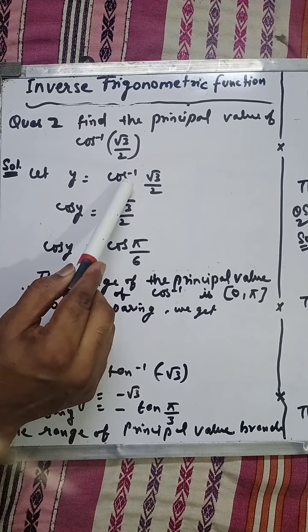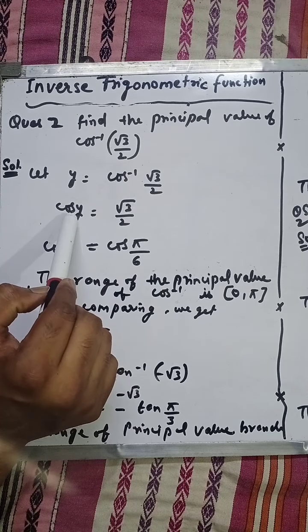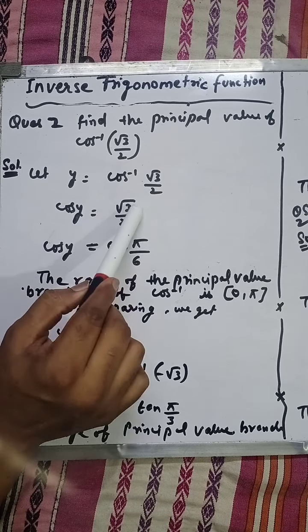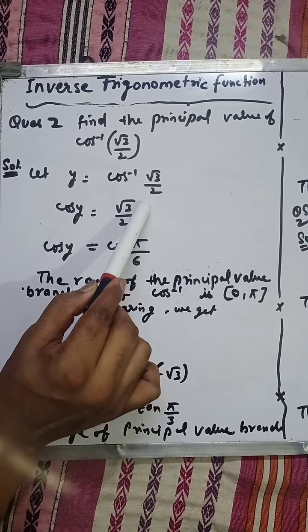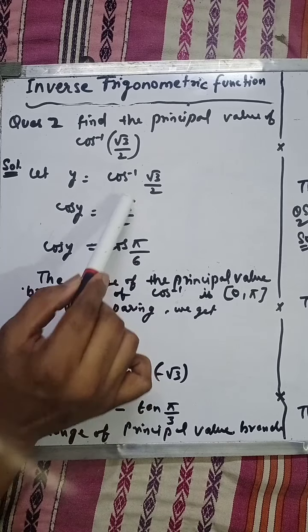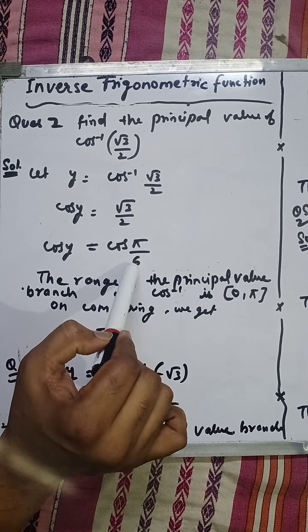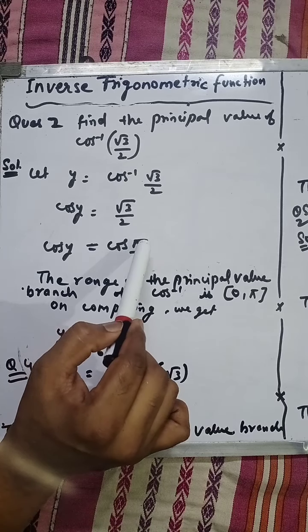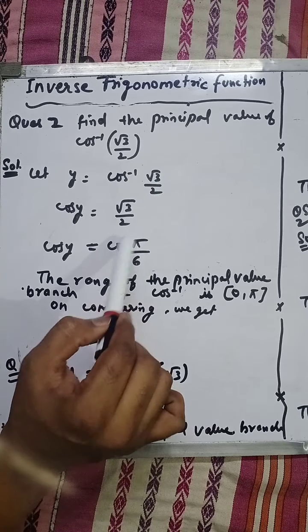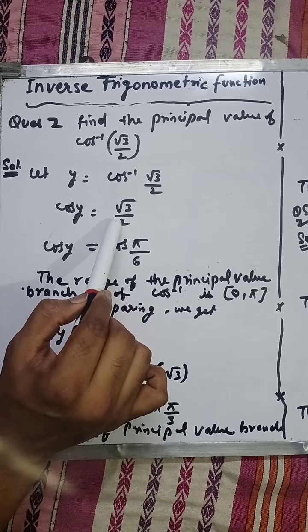So cos inverse, cos will come here, so it would be cos y equals to root 3 by 2. After this step, root 3 by 2 can be written as cos pi by 6, because pi by 6 is 30, and cos 30 is root 3 by 2.